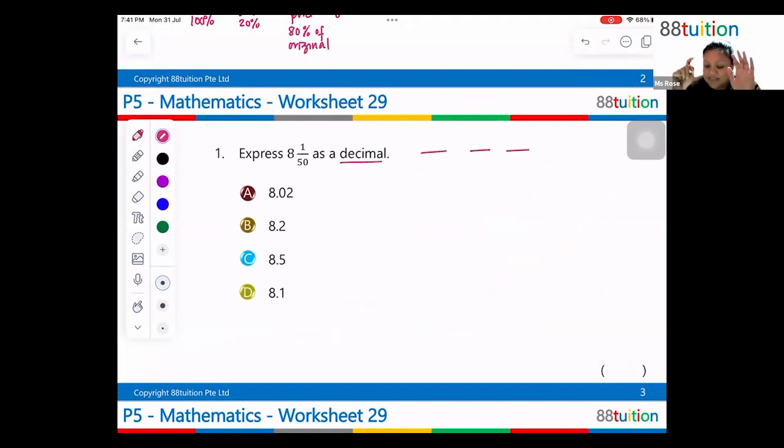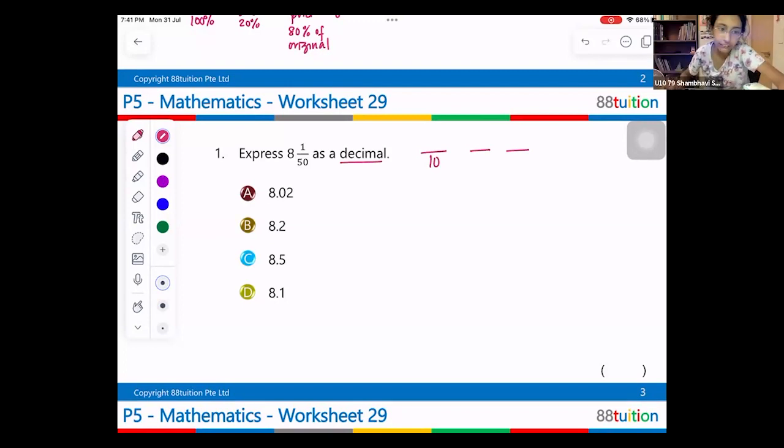No need to type many times, just type once, I'll be able to see. Now, I'm not asking the question yet. It is always good to have the denominator as 10. What else?